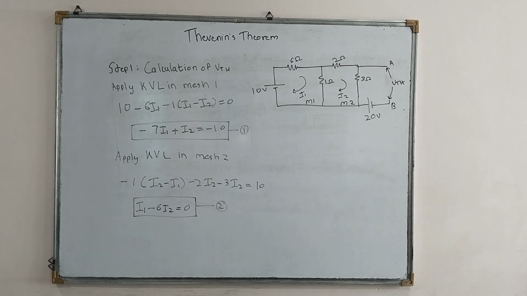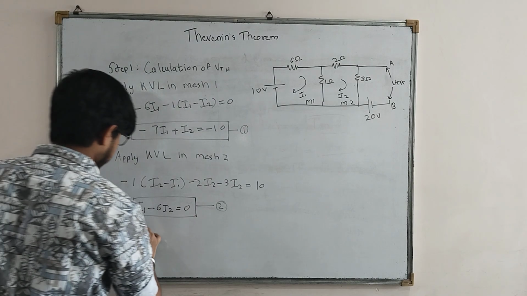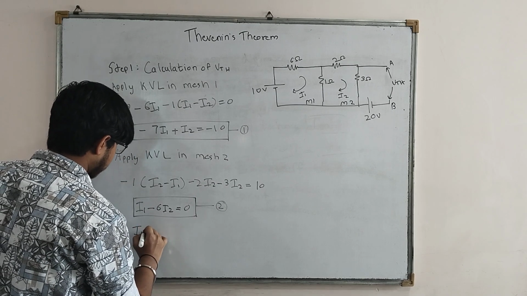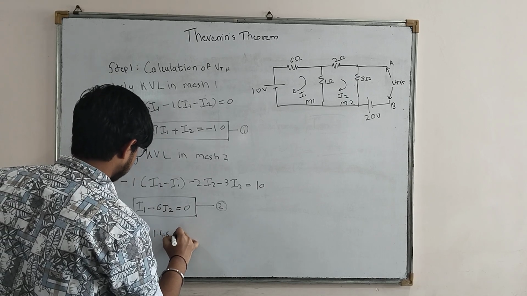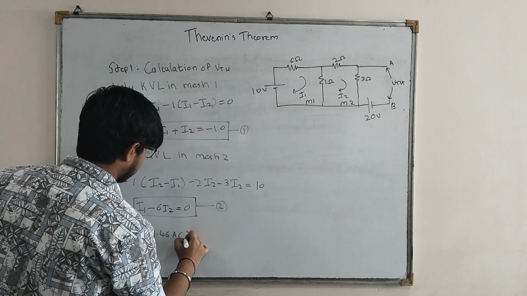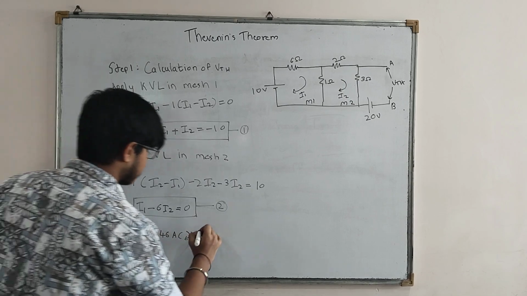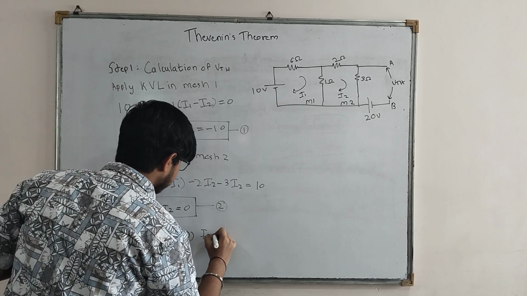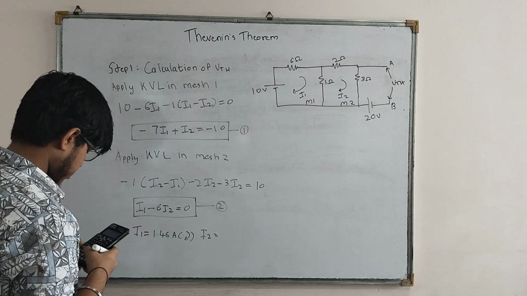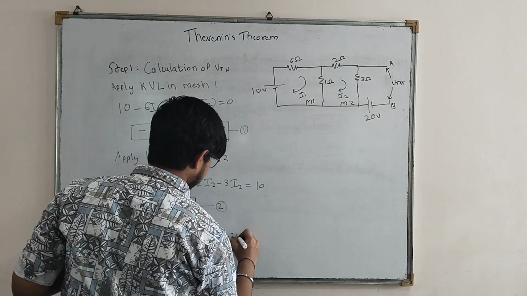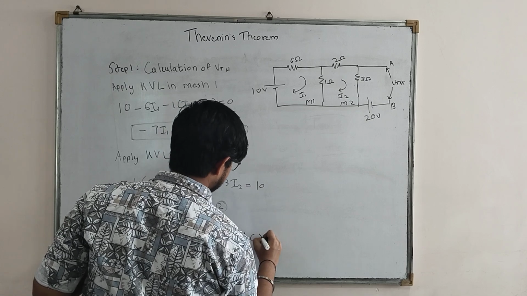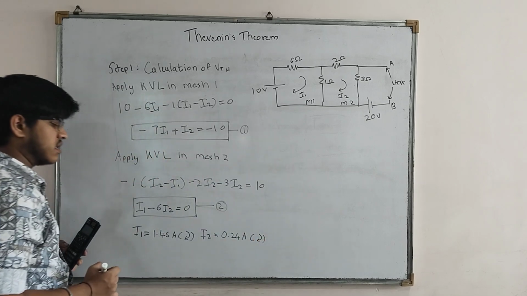So our answer turns out to be I1 is 1.46 ampere flowing in clockwise direction, and my I2 is 0.24 ampere flowing in this direction.